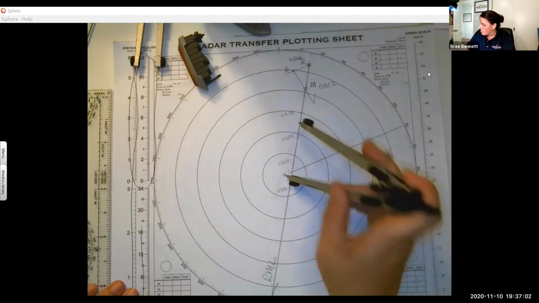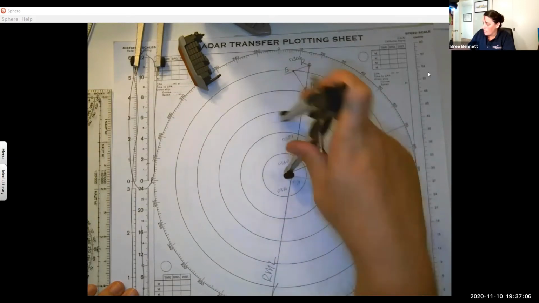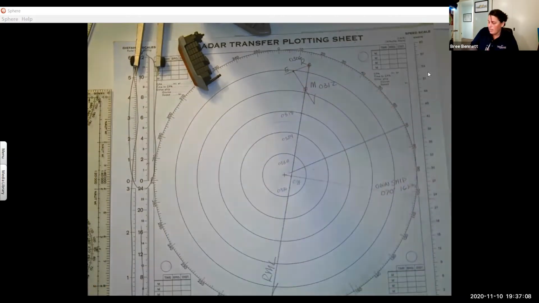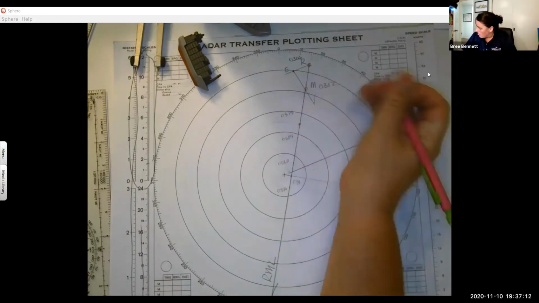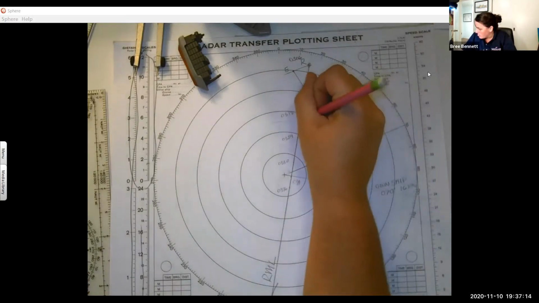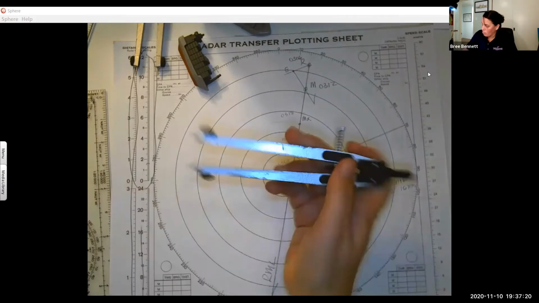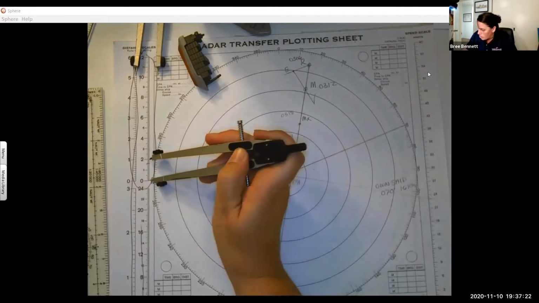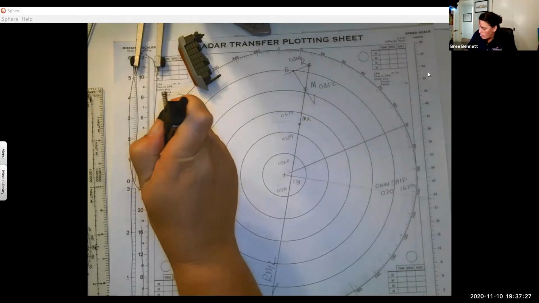When this vessel or any other vessel is within 5 miles, that is going to be my MX, my point of execution. My CPA is going to be 3 miles. I don't have a 3-mile ring, so I'm going to draw in a 3-mile ring.